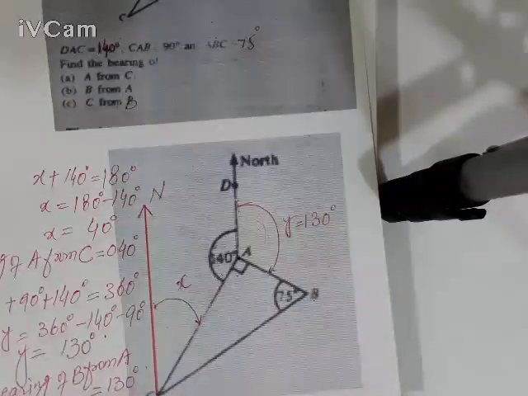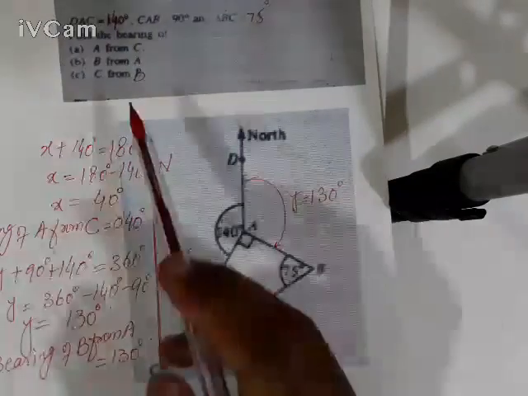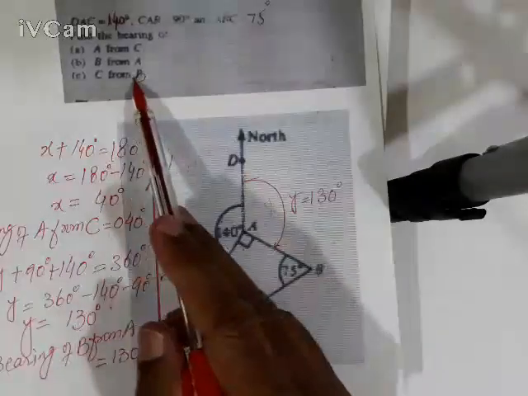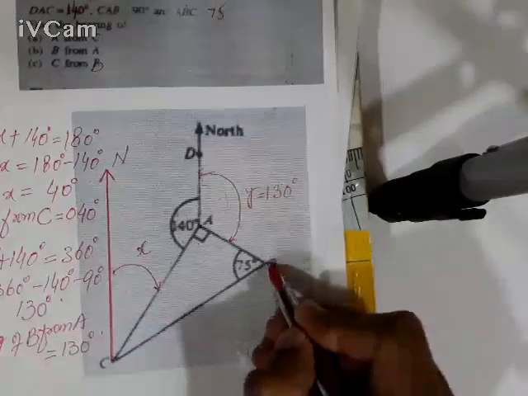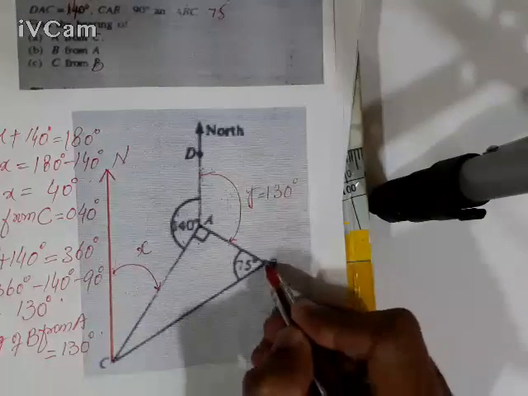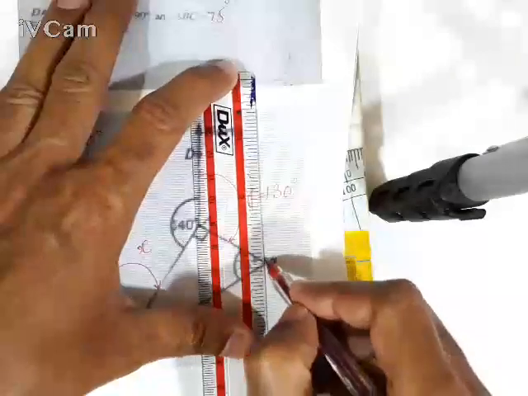Now the last one is the bearing of C from B. Now we have to calculate the bearing of C from B. Now from this point again we have to draw a vertical line and we write the north direction.